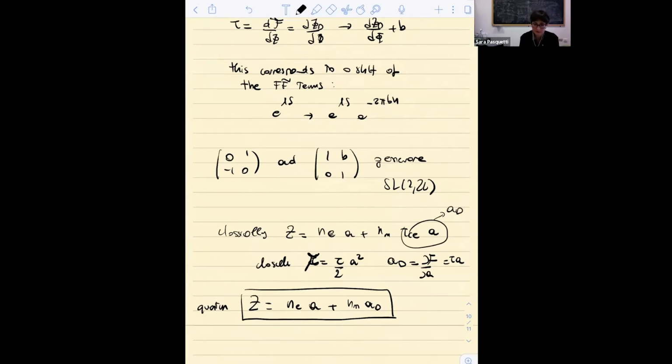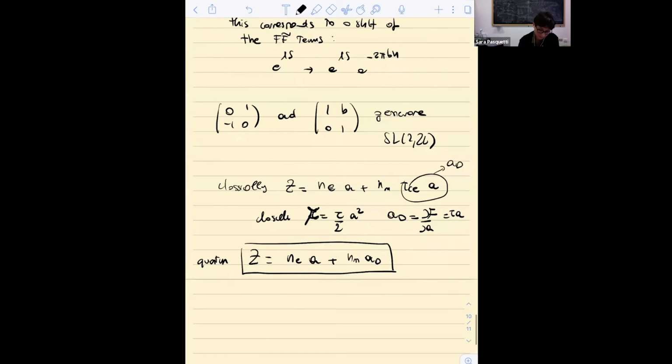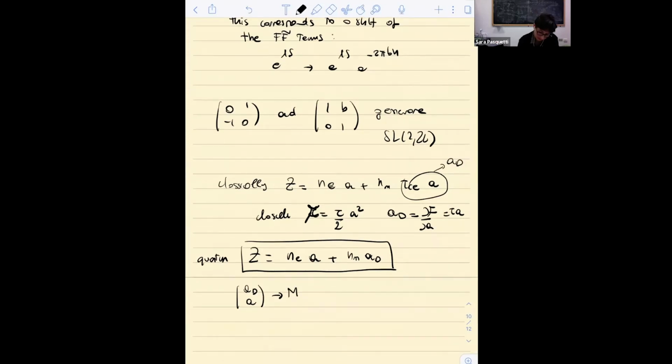And this formula is also invariant under the action of SL(2,Z), because now if you perform one of these SL(2,Z) transformations that is mapping the theory to a dual theory, you act on the vector of a dual and a coordinates with an SL(2,Z) matrix.